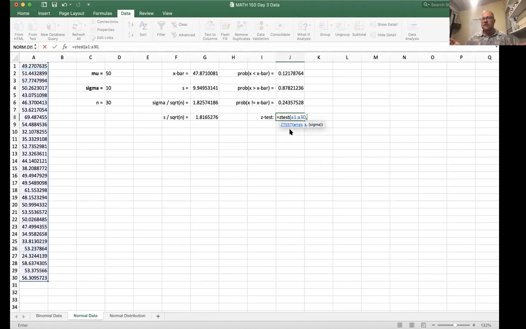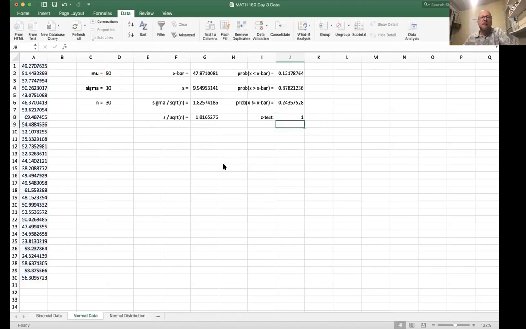You might have something bigger on yours, right? And then the X value that we're talking about needs to be given to it. And that's going to be here, the 50. I wish that they had labeled that mu instead of X so that you'd know what's going on with it. And then comma, and it says something about using the sigma. And we're going to go ahead and choose this one here. That's the sigma over the square root of n. Okay. And we'll close parentheses and let's just see what we get back.